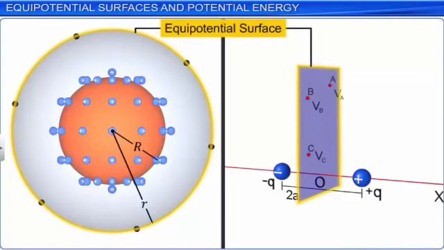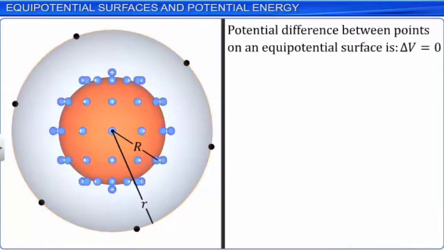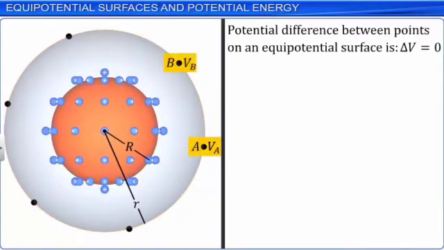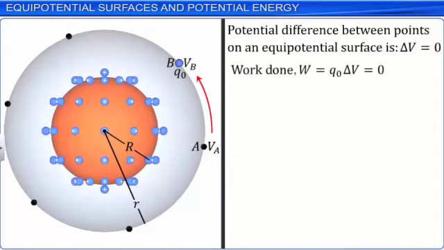As potential difference delta V is equal to 0 between any two points on an equipotential surface, therefore, to move a test charge Q0 on the equipotential surface, the work done W is equal to Q0 into delta V is equal to 0.